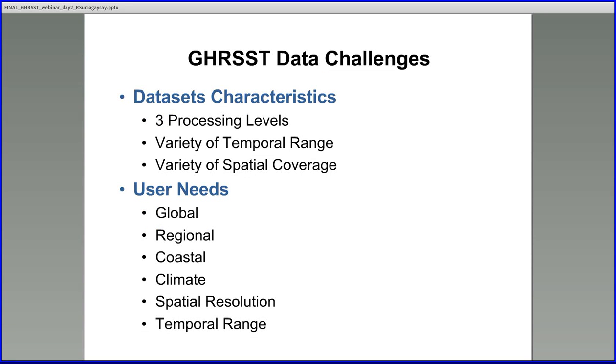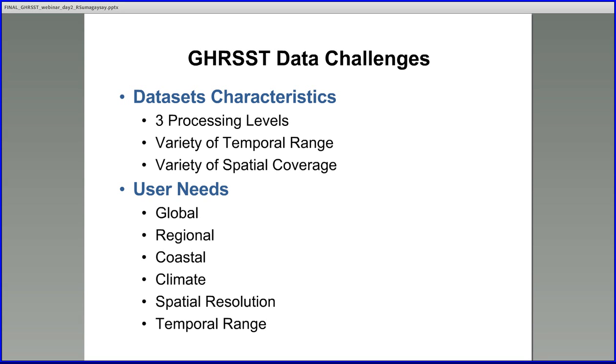So here, the next slide, we identify the data challenges, where there are 61 data sets that come in various processing levels and projections, varying temporal ranges and varying spatial coverages. We also have user needs challenges where there are specific criteria associated to their studies, research and applied, to be applied for searching for their desired data.